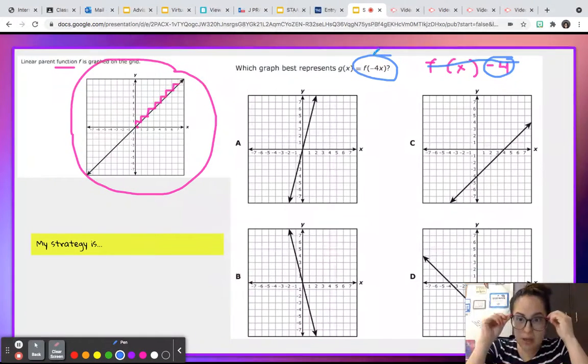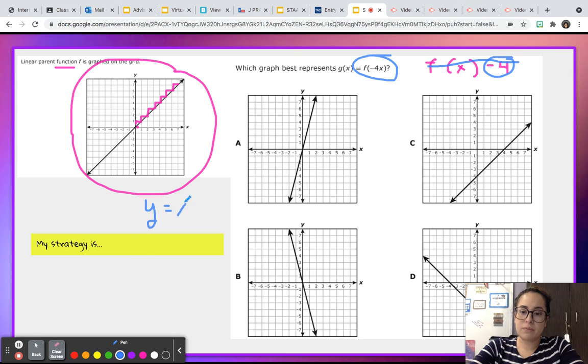My parent function is just y equals x. I was able to figure this out because, first of all, the slope is 1 and the y-intercept is 0. So I don't need to write 0 on there. I could just do y equals x. That's the parent function of this one.